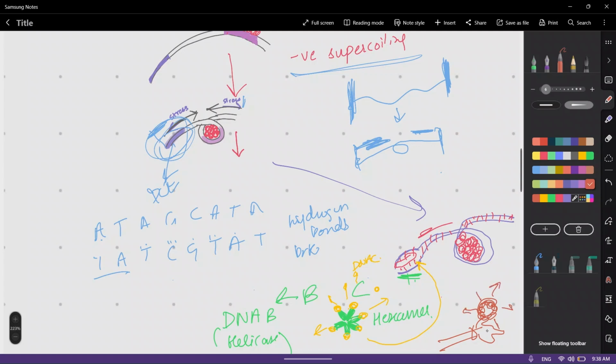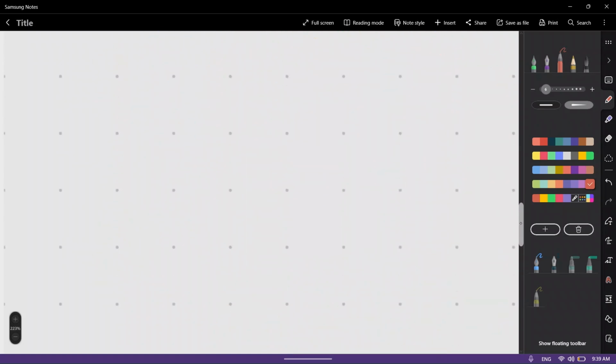Stretch it a little bit, and then it easily glides over your hand, and then it's there. A similar thing happens to load the DnaB. DnaC stretches your DnaB, and then it's easily able to glide over the strand, and it's loaded. Okay, so cool. We have loaded the DnaB.